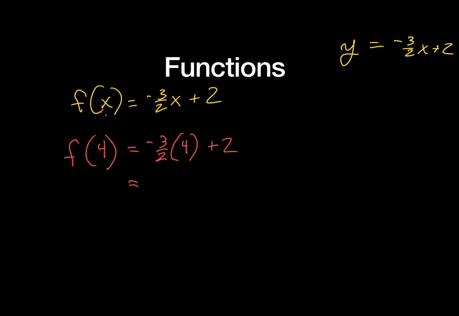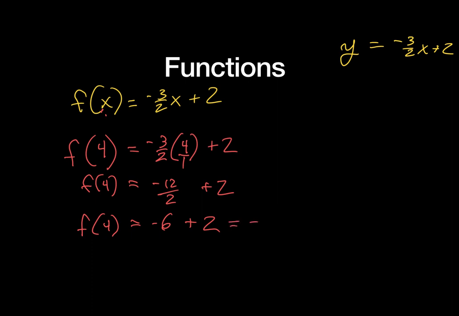So f of 4 is equal to, so 4 is the same as 4 over 1, I'm multiplying fractions, negative 12 over 2 plus 2. I'm not going to do too much simplifying in every step, otherwise I'm going to lose track. Negative 12 over 2 is negative 6. Now I can just add those, and that's -4, which means graphically, when x is 4, the y coordinate is -4. And that's function notation.